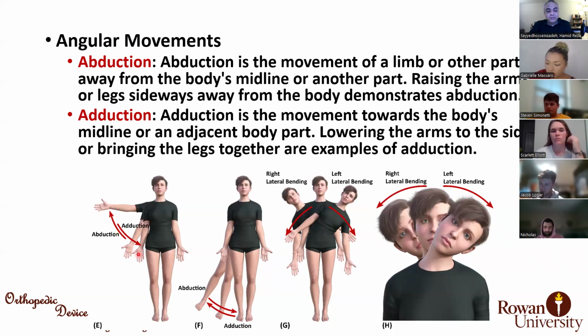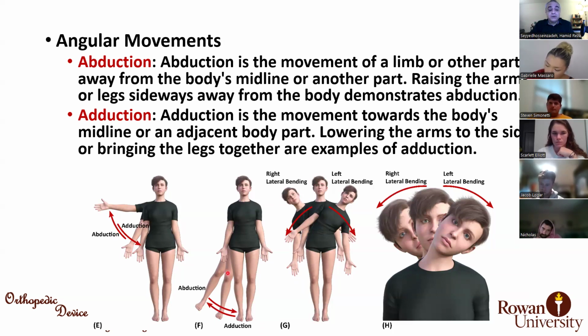Abduction is moving the body part away from the body, and adduction is returning it to the original position toward the body. So if you move your arm along the frontal plane outward, it is called abduction, and when you bring it back beside the body, it is called adduction.